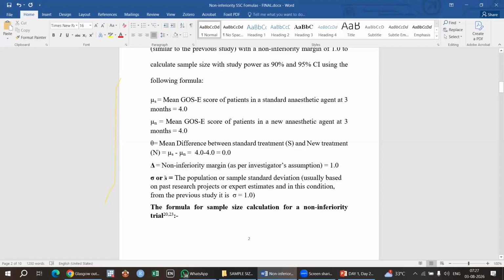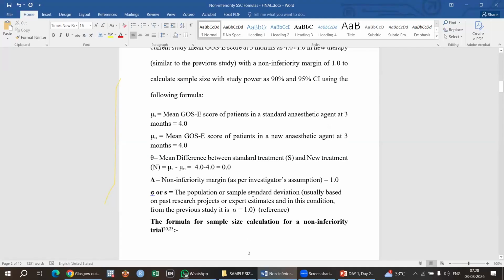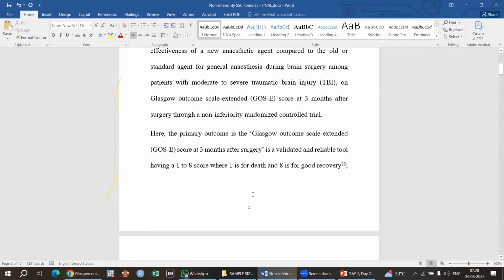And sigma, or the standard deviation, she has assumed from the previous study, 1.0. And here we have to give a reference. No problem. So what we have to do is fill all these values here.